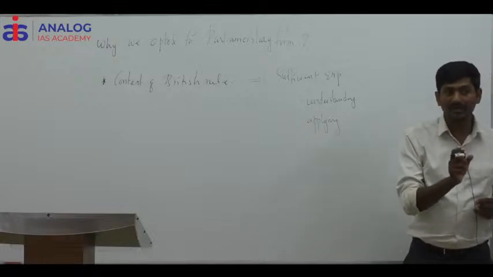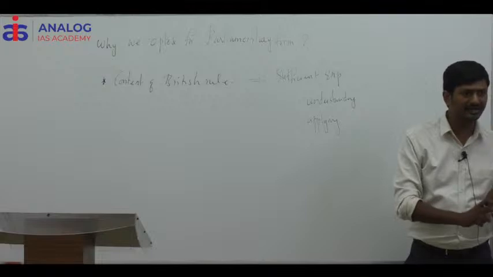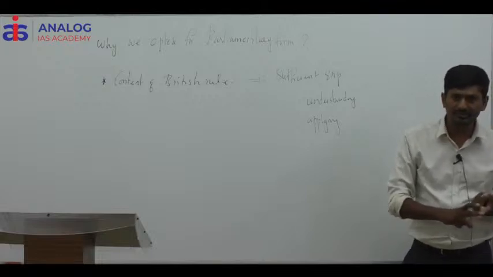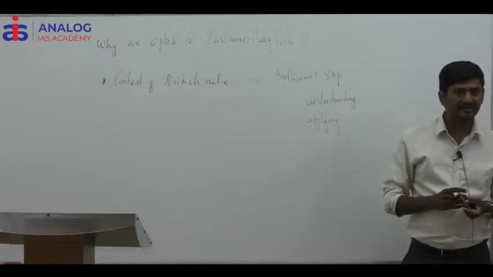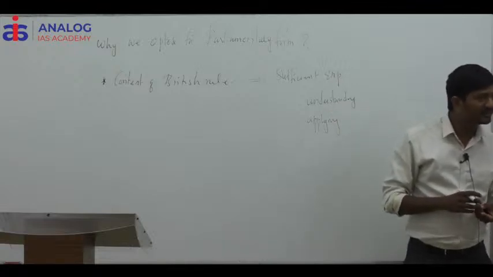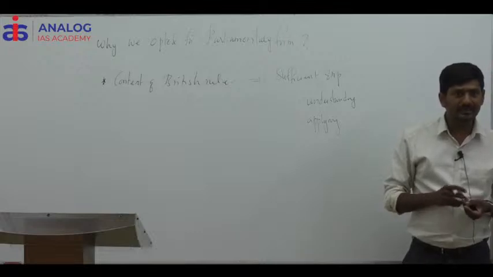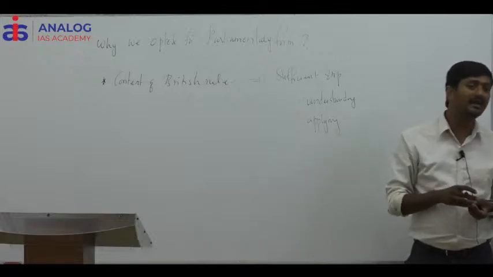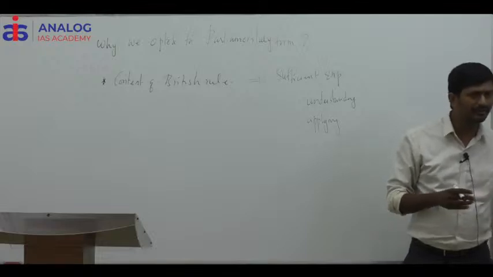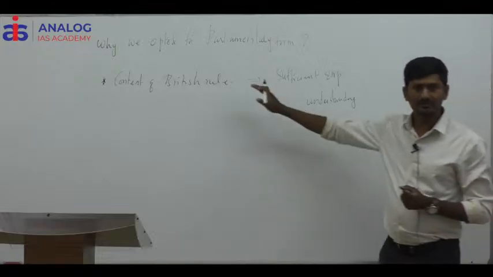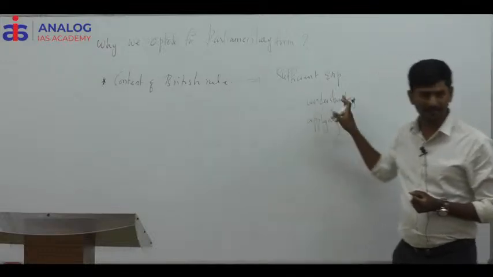Hence we found utility in the British practices. For example, the district collector system, the central secretariat, state secretariat, judiciary, legal system. These have all found utility in the country. That's why we are following them, despite these having been introduced by the Britishers. So one is in the context of the British rule.